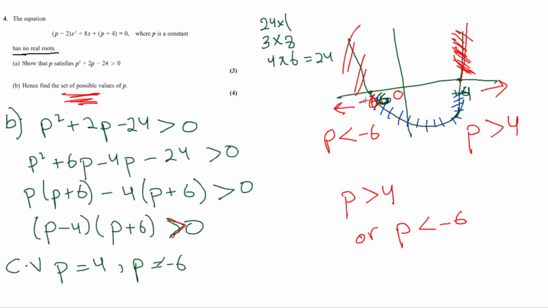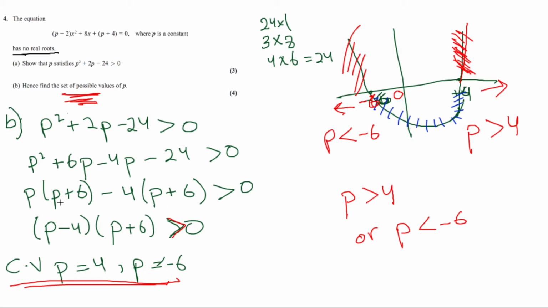I did make a mistake in this critical values part, so make sure that you write this before you sketch the graph. Sketching the graph helps us because we can visualize the problem and highlight the points where it is above 0 or below 0.